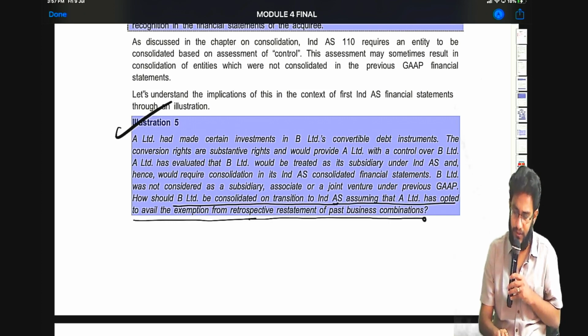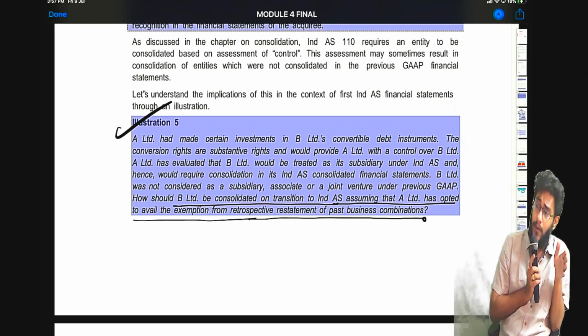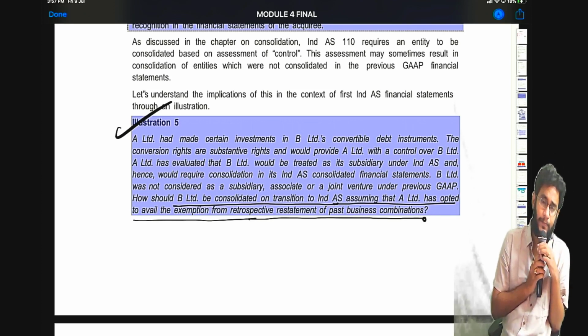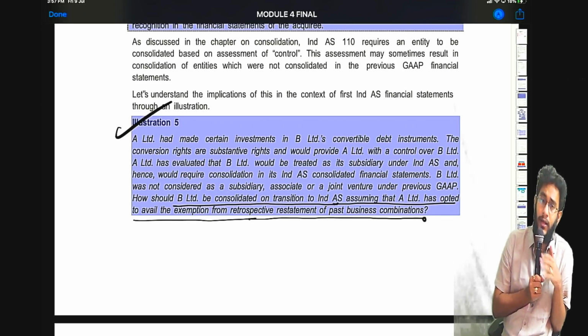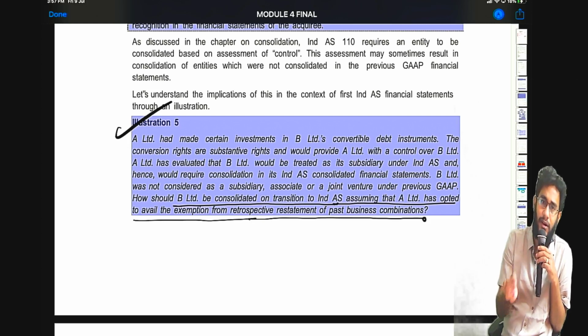The question is, A Limited is holding convertible debt instruments in B Limited in the past. According to Ind AS, even convertible debt instruments are capable of giving you control if the conversion rights are substantive and all. And therefore, such B Limited is my subsidiary and I have to apply Ind AS 110 and do consolidation today.